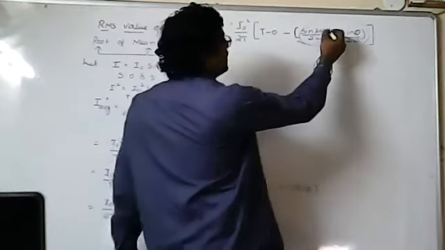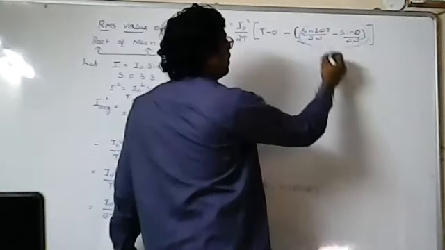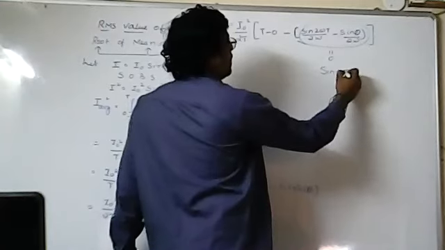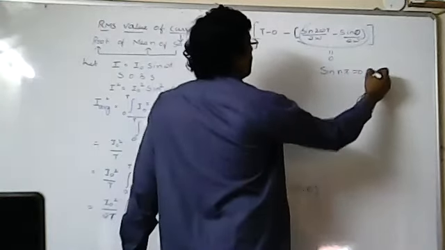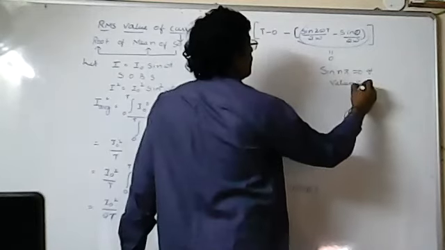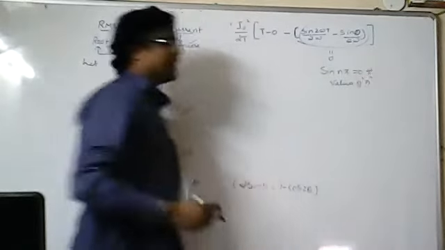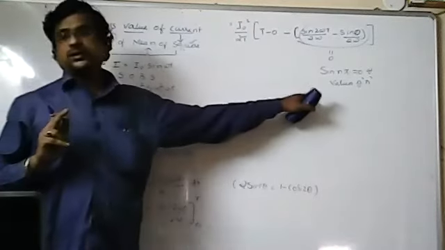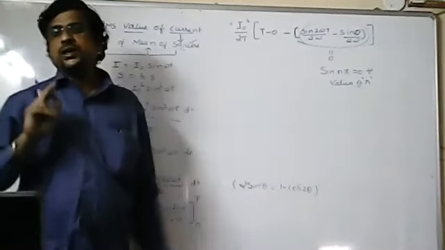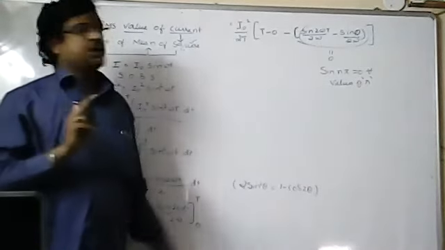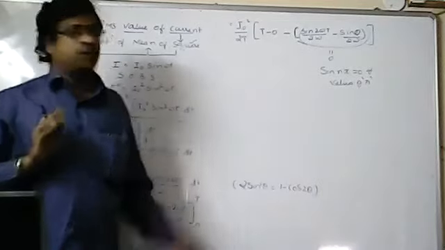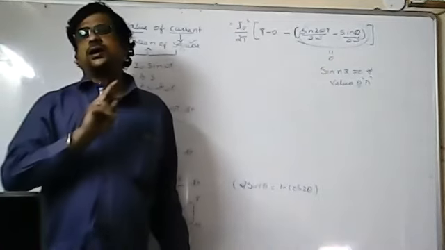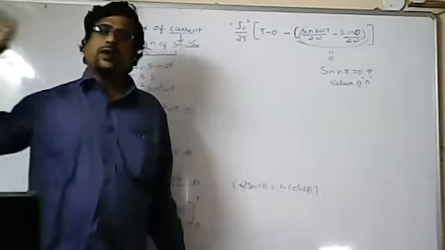Why? Because if I substitute omega is equal to 2 pi by T and so on, you get a formula where sine n pi is equal to 0. Sine n pi, remember this one. This is a very important trigonometric result: sine n pi is equal to 0 for all values of n, where n ranges from 0, 1, 2, 3, 4, 5, anything.